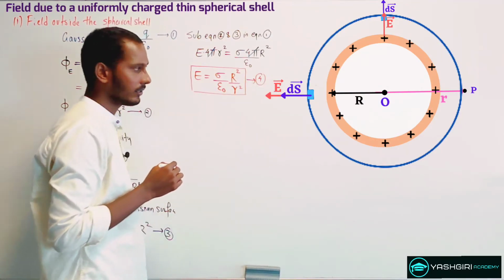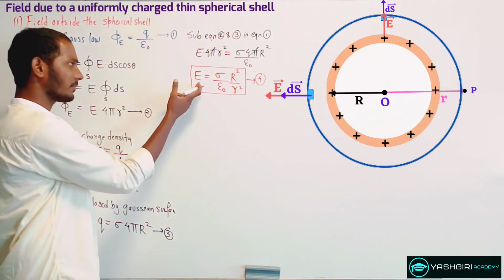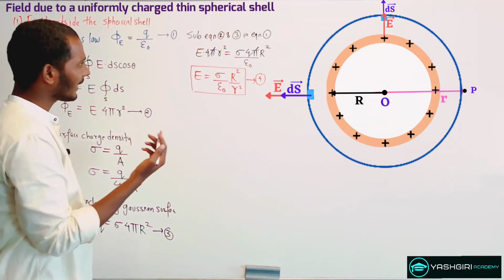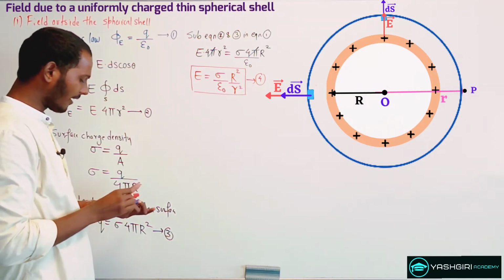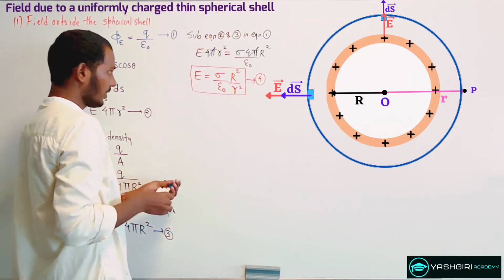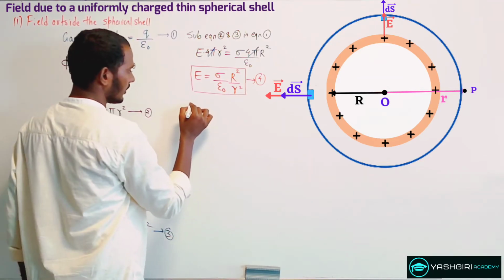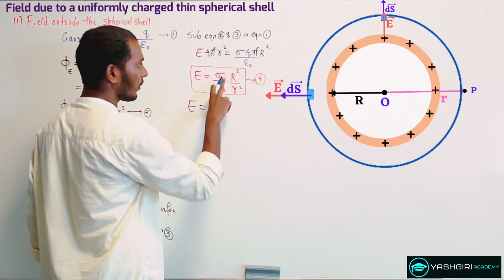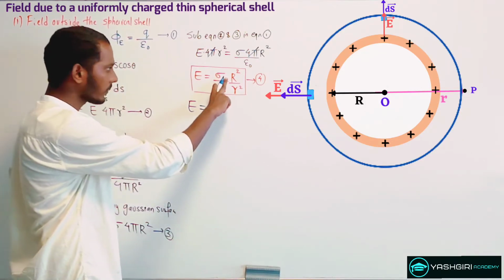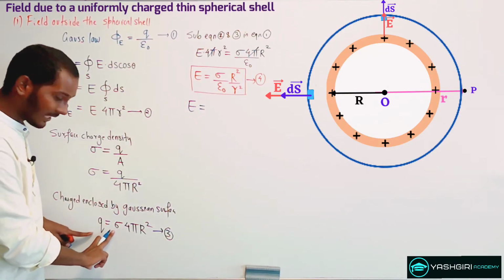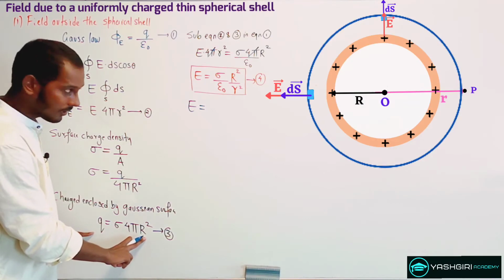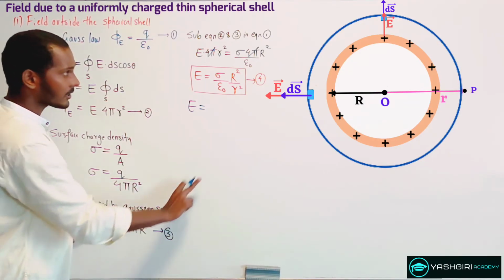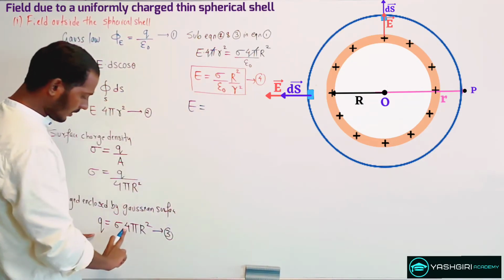So that's the expression. Now the same expression I can write like this. The same expression can be written as E equal to, if you want in the numerator, a small q, and a small q is nothing but sigma into 4 pi R square. Here sigma and R square are available, so I'm interested in a 4 pi.